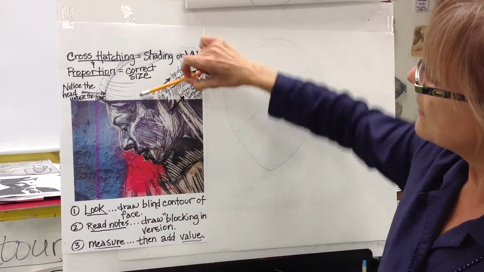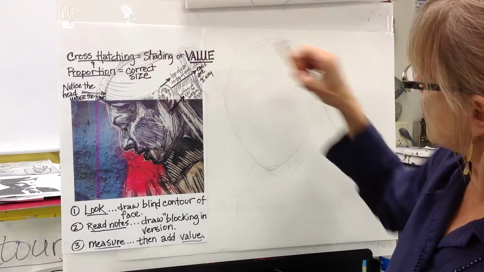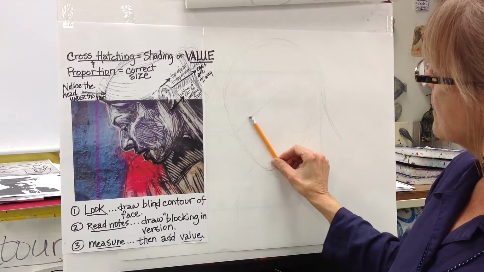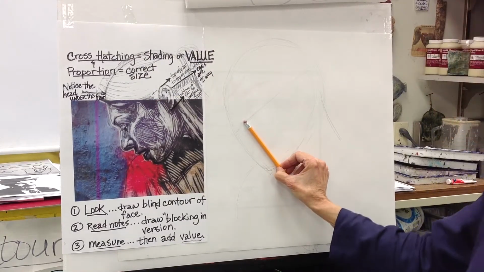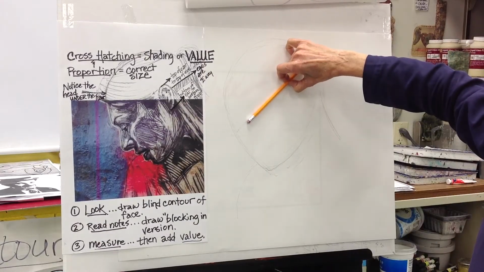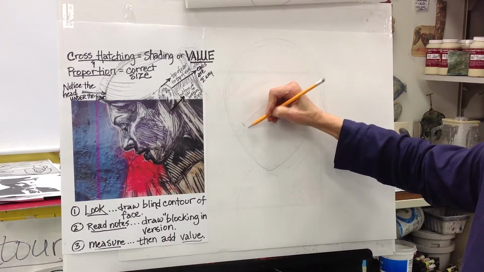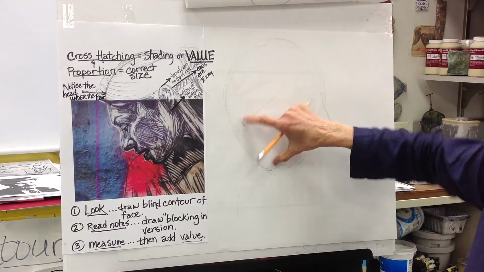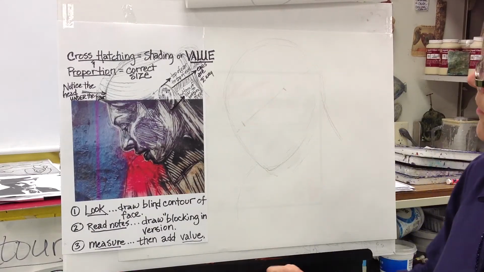Eye to chin, and then I can go from the front of the eye to the front of the ear. So if my eye is lined up here, I'm going to take my pencil, front of the eye to the front of the ear. So I'm going to make a mark where I figure the eye is, do that again, and make a little mark where I figure the ear is going to go.